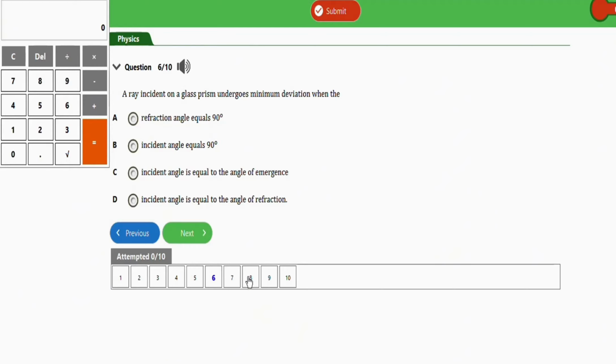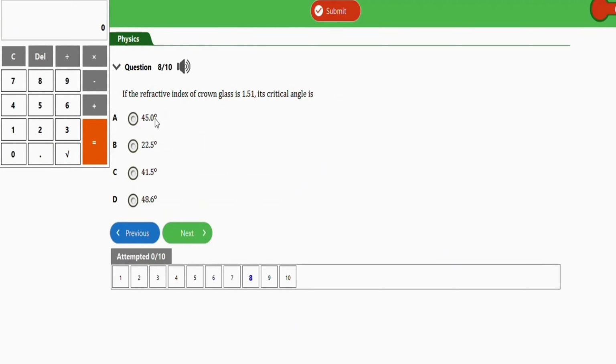It says if the refractive index of crown glass is this value, its critical angle is. For this question, I think we have solved this question before, of which we got 41.8 basically.